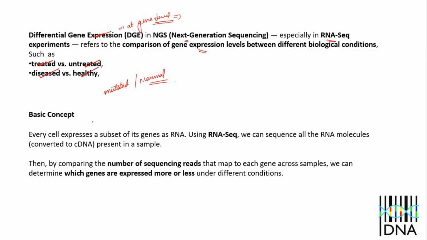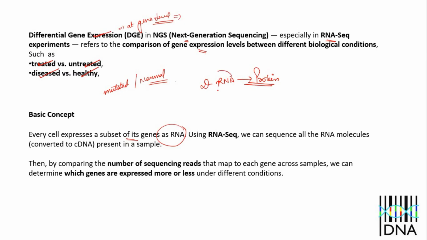We check the comparison between the two sequences or two genes at their expression level or gene level. Now, what is the basic concept? The basic concept is every cell expresses a subset of its genes, and that gene is expressed as RNA, because after the transcription process this DNA is converted into RNA, then this RNA is converted into protein, and protein is a functional unit.